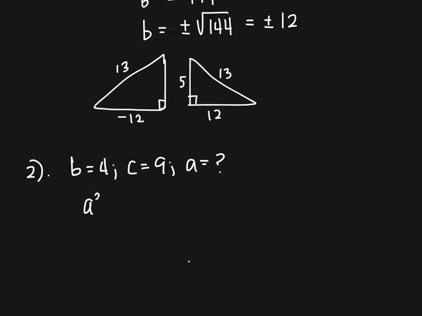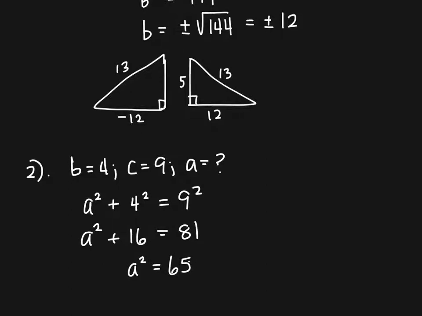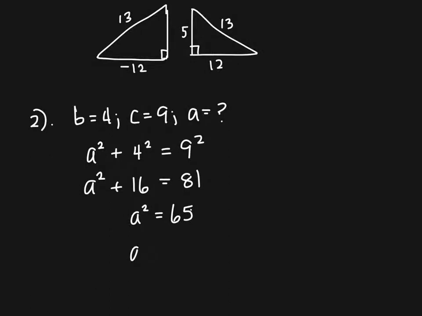So A squared plus 4 squared, which is 16, equals 9 squared, which is 81. You'll use subtraction on both sides, which gets you down to 65. Then A is plus or minus the square root of 65, which doesn't simplify because 65 doesn't have any square factors in it.